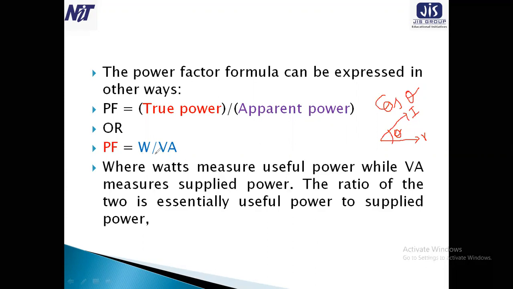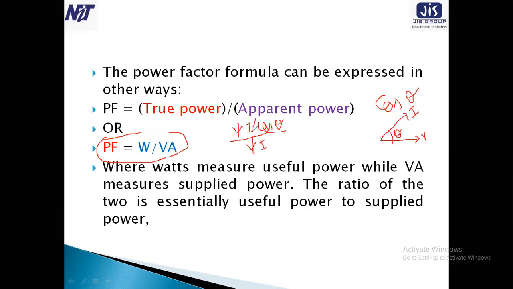Now, if we want to understand, we can relate. What is the real power? We know that the real power equation is VI cos phi or cos theta. And what is VA? VA means voltage times current, VI.